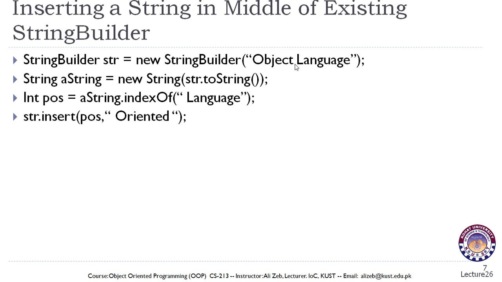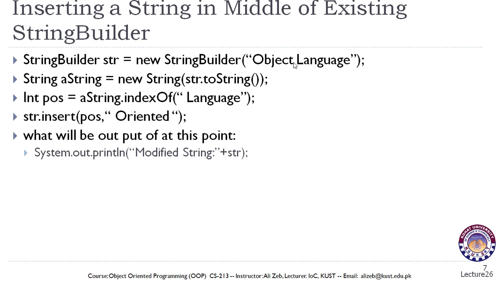What we want to do is insert a new word at this position. So this string builder object will now become object oriented language. So we can insert into a string builder at any position that we want.